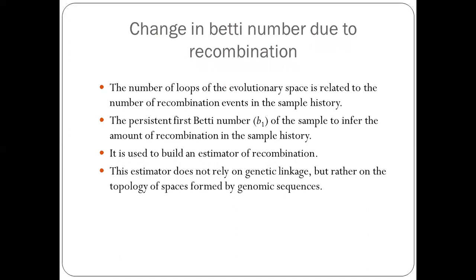It is used to build an estimator of recombination. The estimator does not rely on genetic linkage, but rather on the topology of spaces formed by genomic sequences. To summarize, the recombination rate increases as the first Betti number increases.